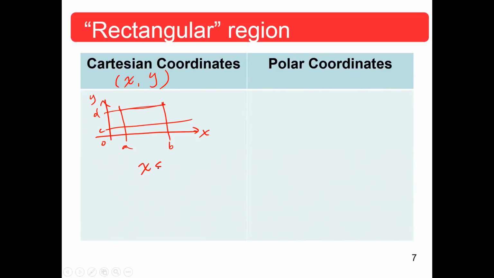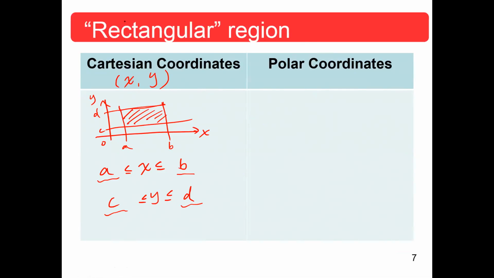So here, x would be between constants a and b, and y would be bounded by two constants as well. You guys recall this? Yes. So this is the rectangular region in Cartesian coordinates, right?